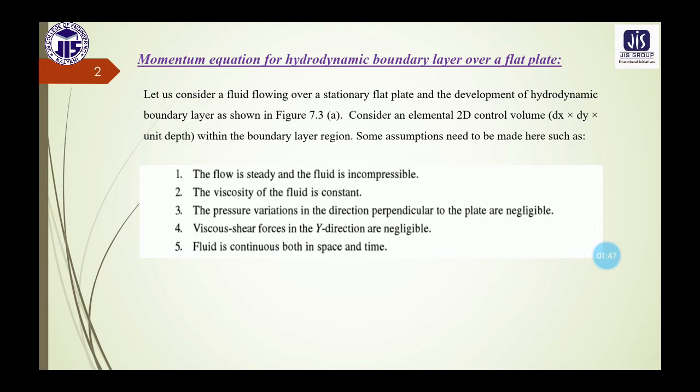Now if the fluid is flowing over a stationary flat plate, the velocity of the fluid at the boundary of the solid will be zero, because the flat plate is stationary. Now further away, in the vertical direction from the boundary, the velocity of the fluid will be higher, and due to this there will be a variation of the velocity. So one velocity gradient will now exist.